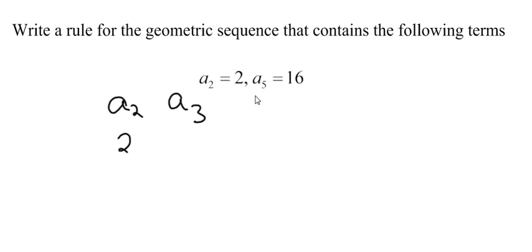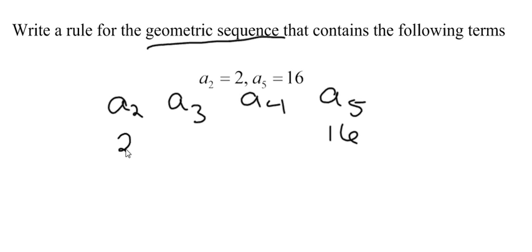That means we have to have an a sub 3, and an a sub 4, and then an a sub 5, which is then 16. Because this is a geometric sequence, we know that we have 2 times some number, the common ratio, times the common ratio again, times the common ratio again, has to equal 16.